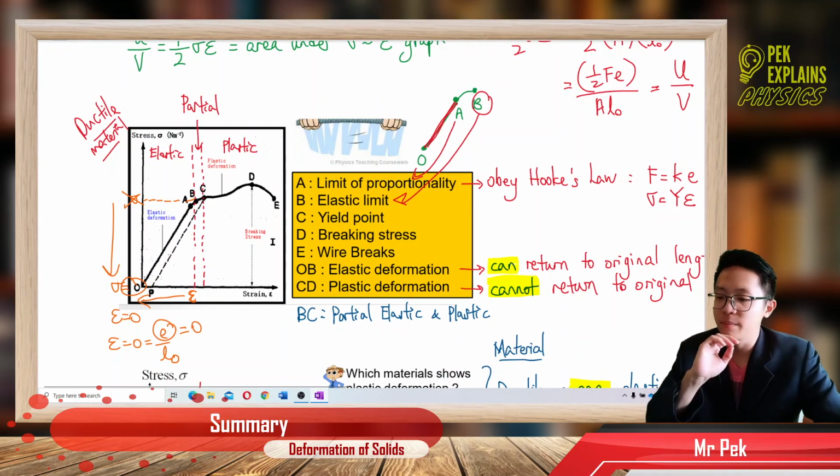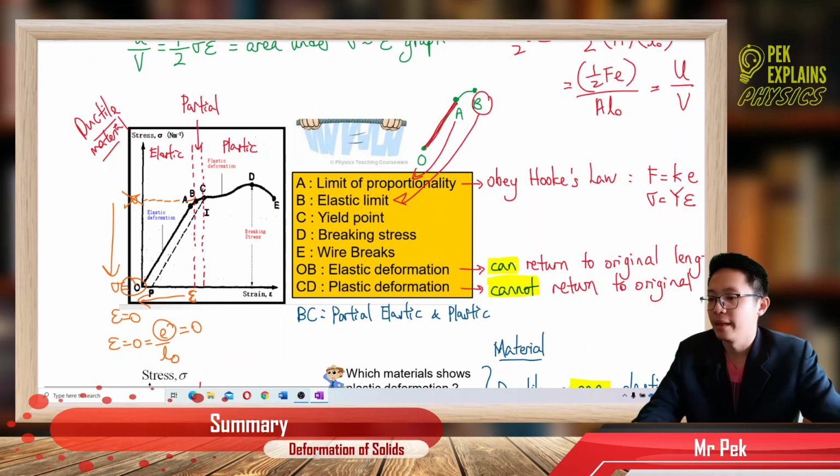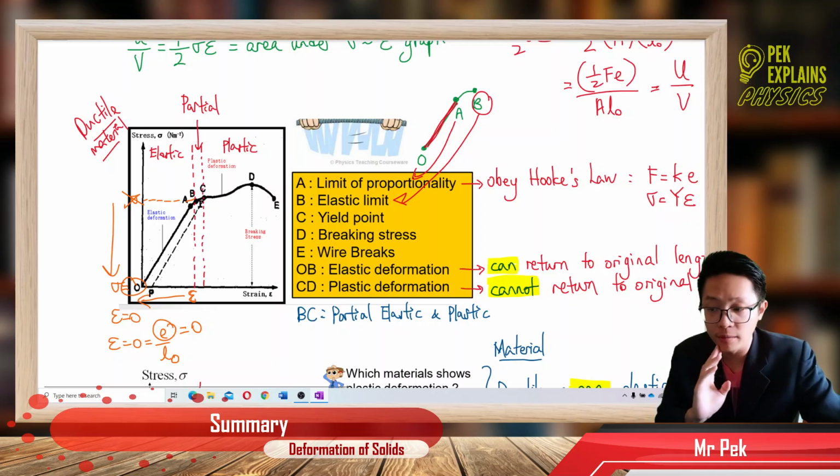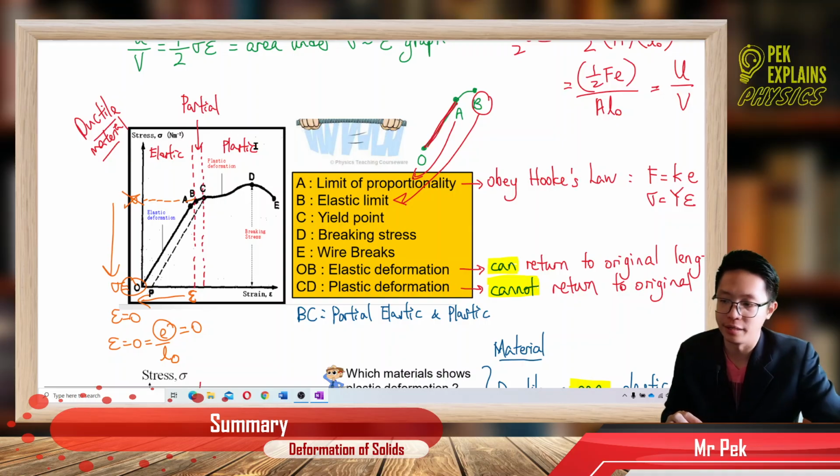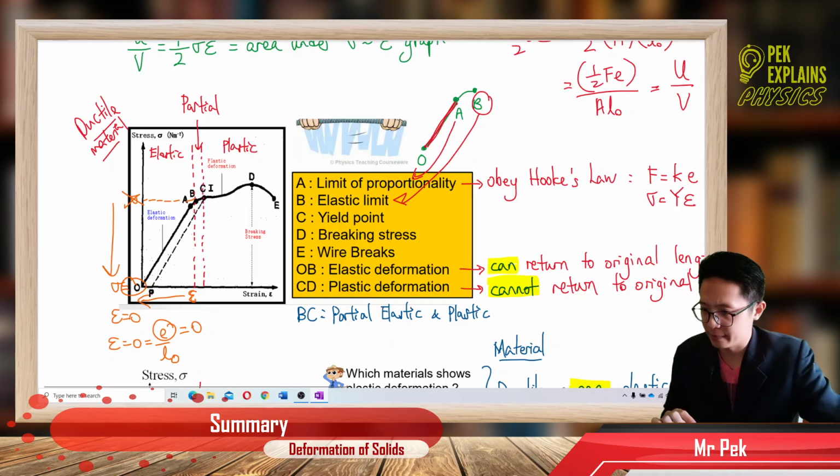So when it exhibits plastic deformation, after point B, between B and C, it shows partial elastic and partial plastic already. Why do I say that? From O to B, it shows elastic deformation.